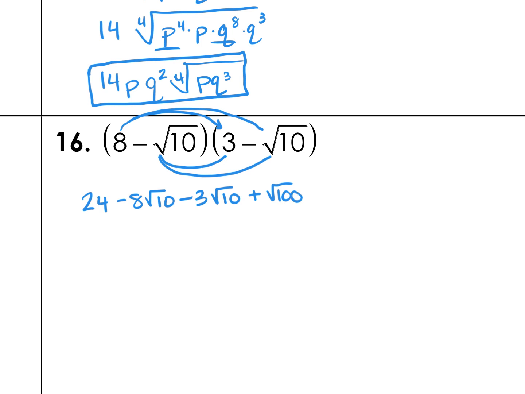Now simplify this. The square roots of 10 don't simplify, so I'm just going to simplify this one here and then combine my like terms together. So 24 plus 10 is 34, and then these guys are like terms. So negative 8 minus 3 is negative 11 square root of 10.